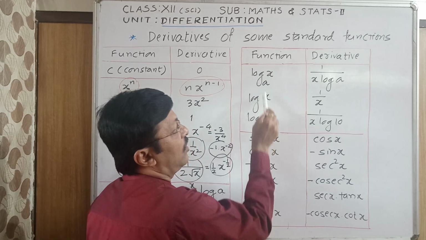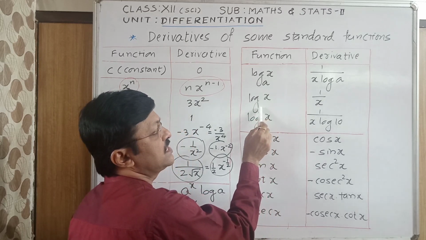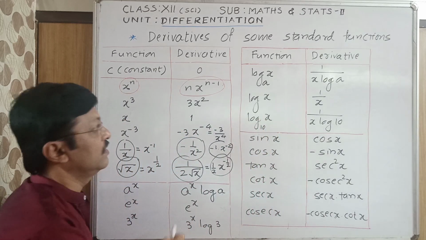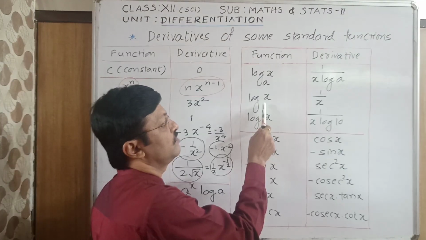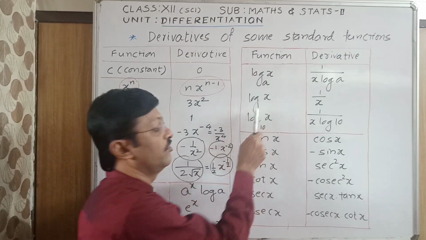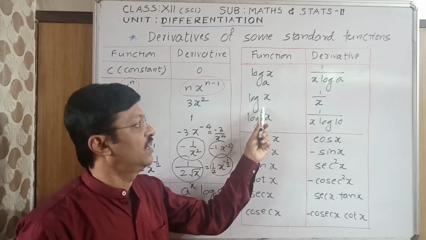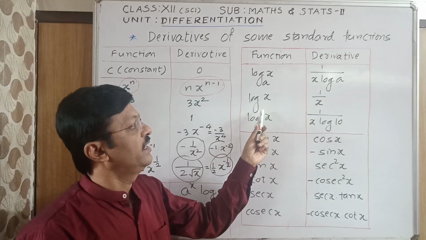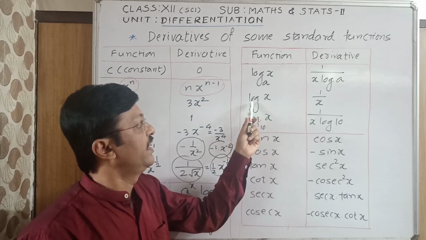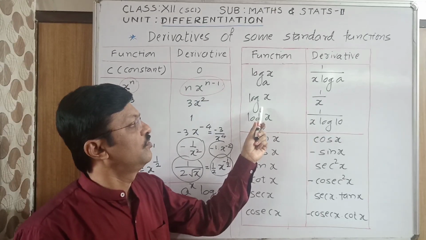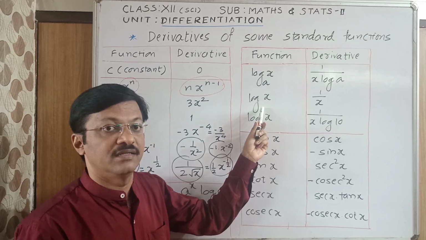Now what about this? Log of x only, base is not mentioned. Like I told earlier, whenever log is written without a base, we understand the base to be e. In mathematics, we normally consider it the natural logarithm, simply written as log of x. We don't write e, but it is understood to be e.